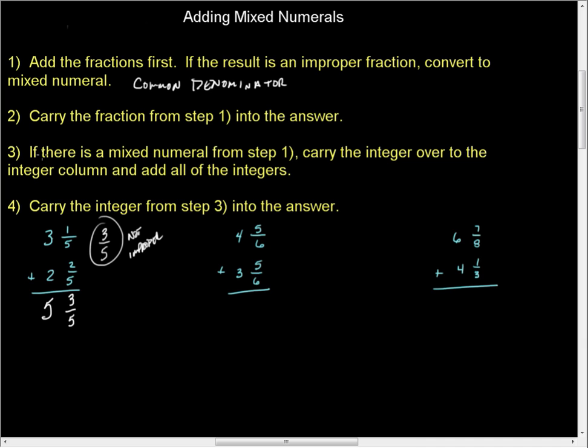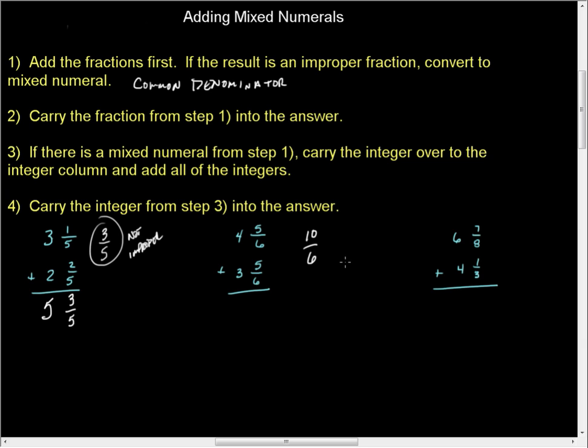Okay, let's go ahead and run through all 4 of these again, but this time we're going to have a slight change in how things look. We're going to start by adding the fractions first, and when we do that, we get 5/6 and 5/6. They have the same common denominator, and so we're going to add the numerators to get 10/6.